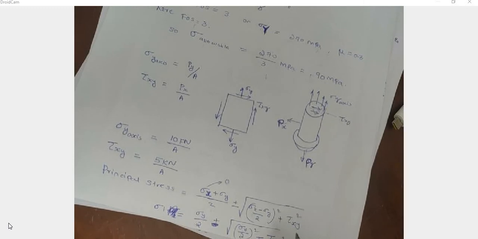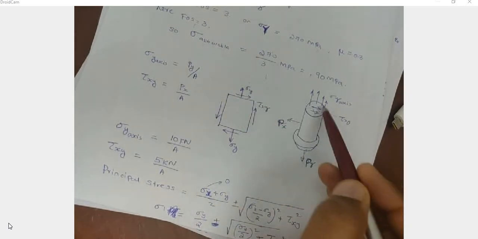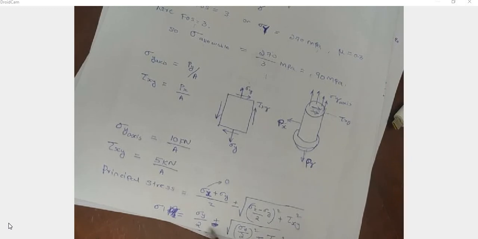And in this case, sigma x is equal to 0, only we have sigma y, which is in this direction. So sigma y by 2 plus root of sigma y by 2 whole square plus tau xy square. From this we got 12.05 divided by A.